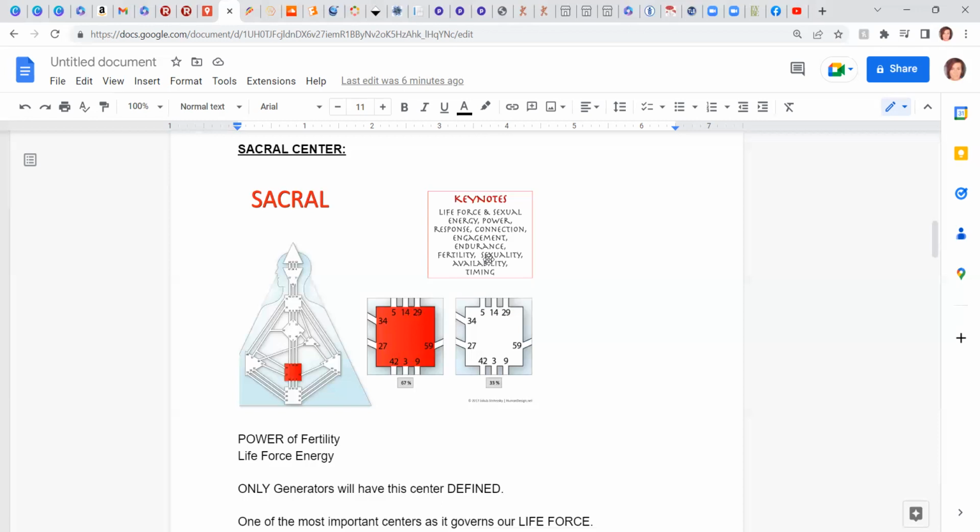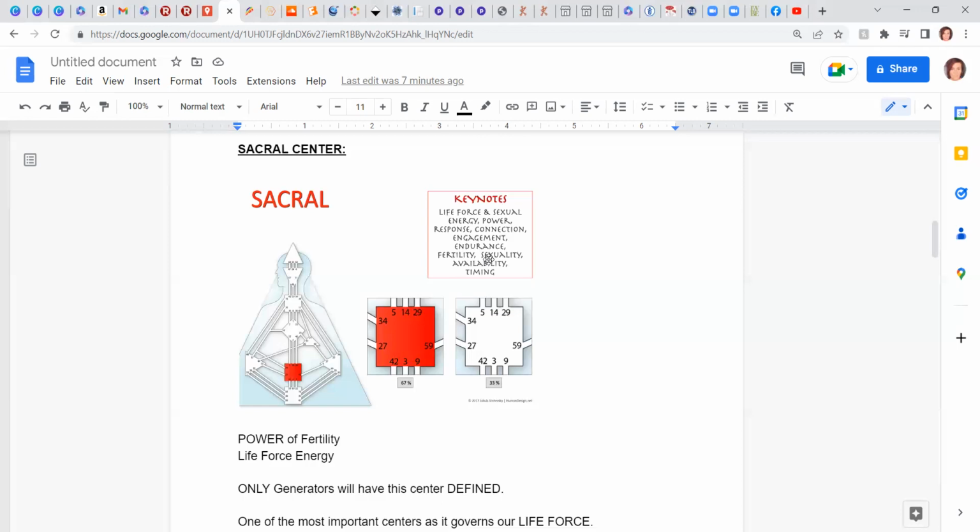I'm not saying that's true, because I know several projectors, reflectors, and manifestors who have children. However, it's something to think about: this life force energy that is available to generators, who have the ability to have the endurance.